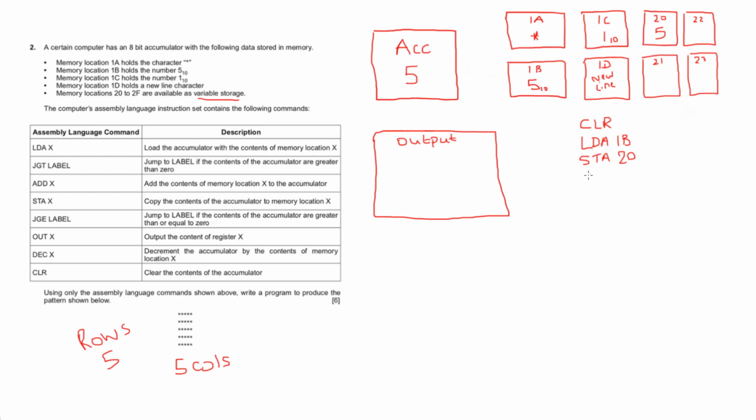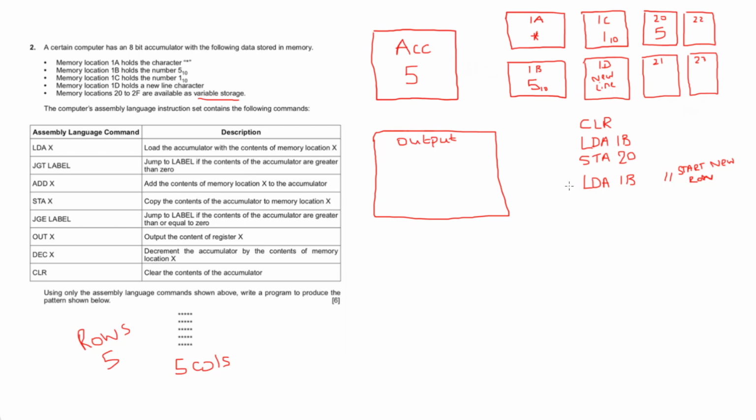So what I'm going to do is I'm going to say LDA 1B. Put a fresh copy of 5 onto the accumulator when we start a new row. So basically, I'm going to put a comment at the side here: start new row. Hopefully you can see that. That says row, by the way, row.